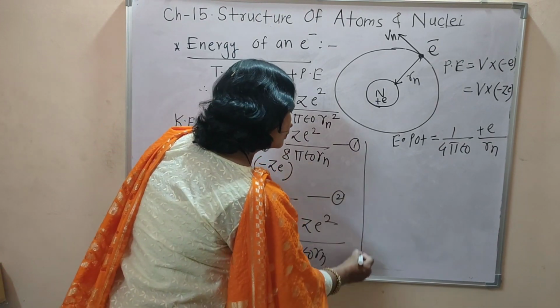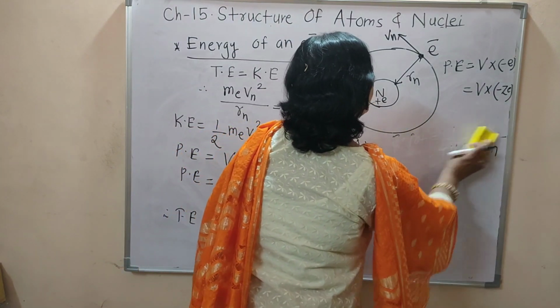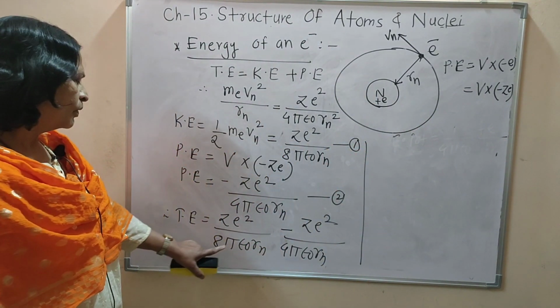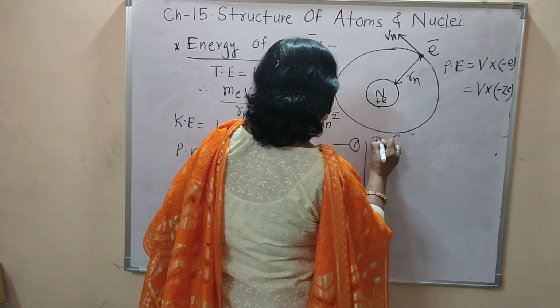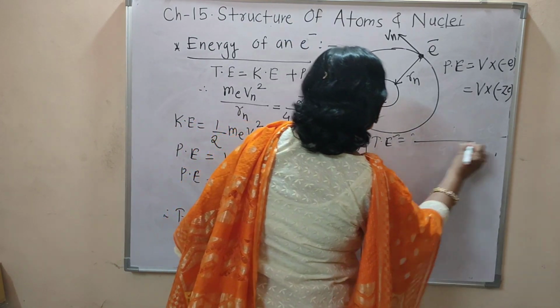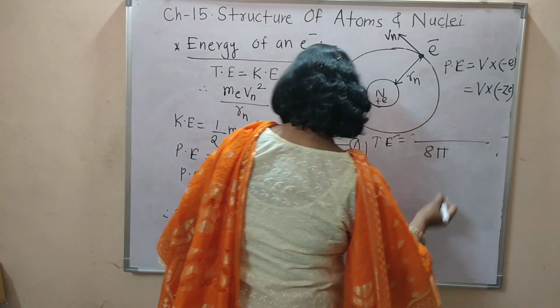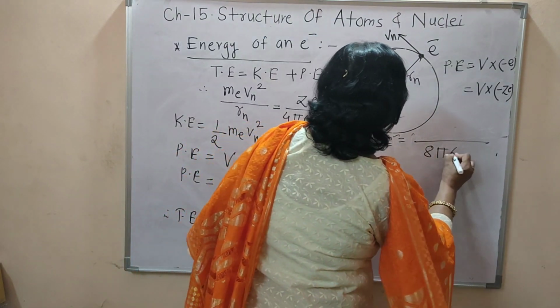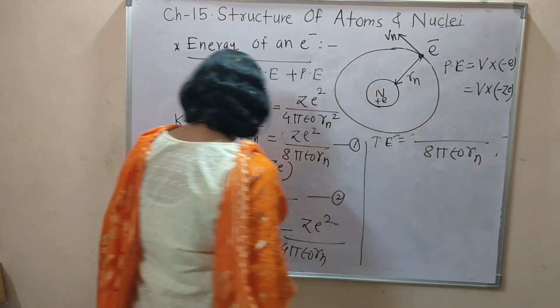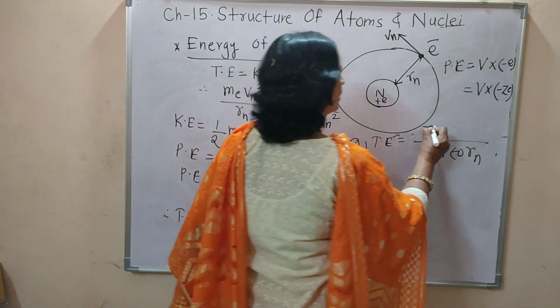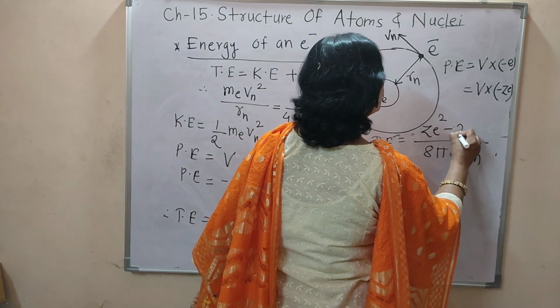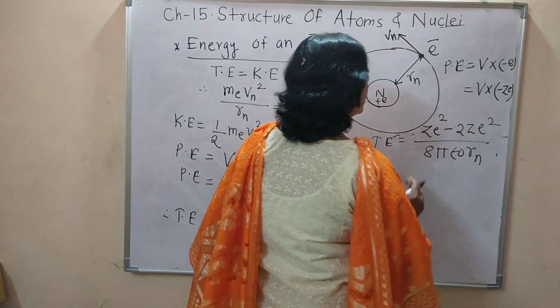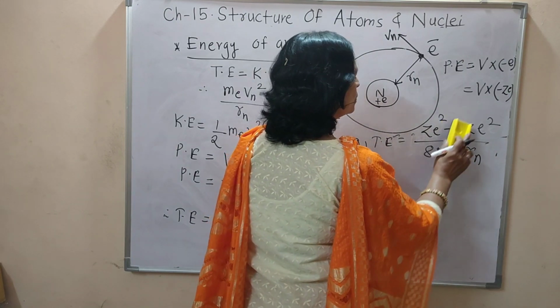Now the LCM is 8 pi epsilon naught Rn, and in the numerator Ze square minus 2Ze square is nothing but minus Ze square.